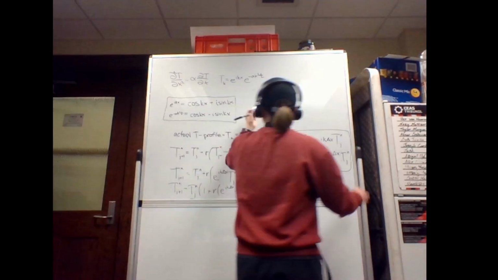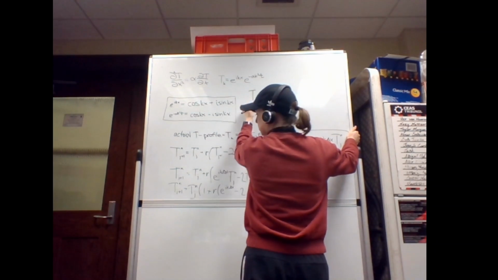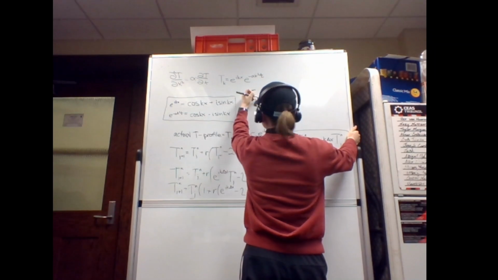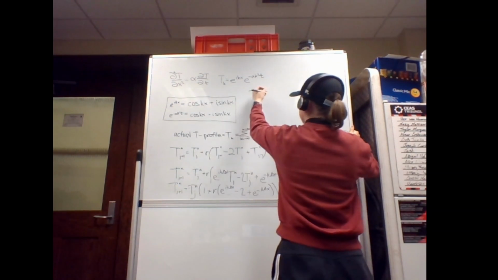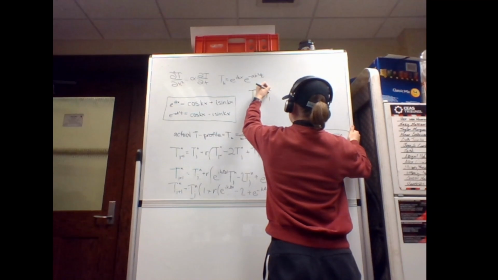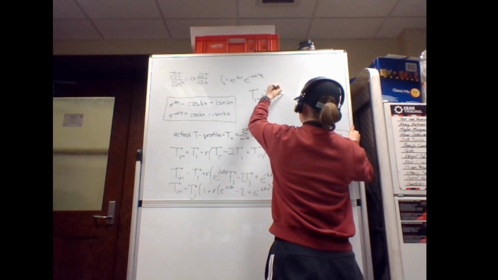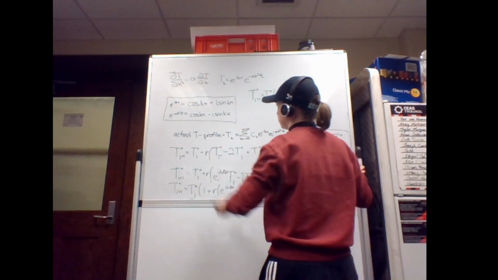So we're going to have T_j^(n+1) is equal to T_j^n times 1 plus r, because we're adding them together, so the cosines are going to add.